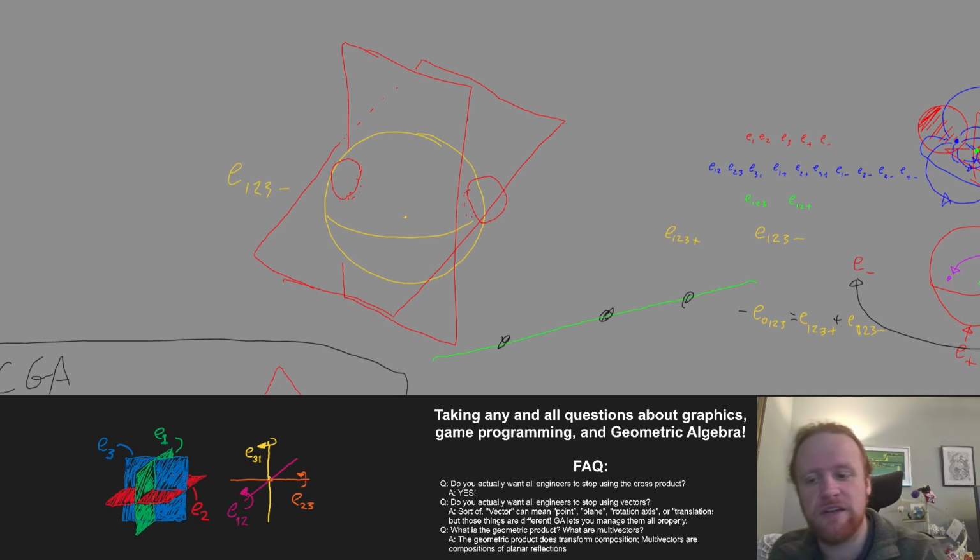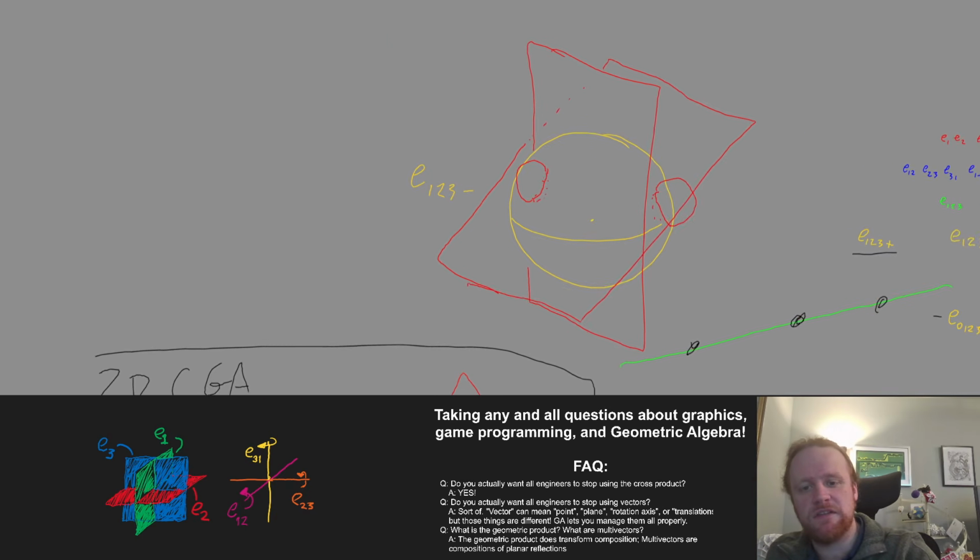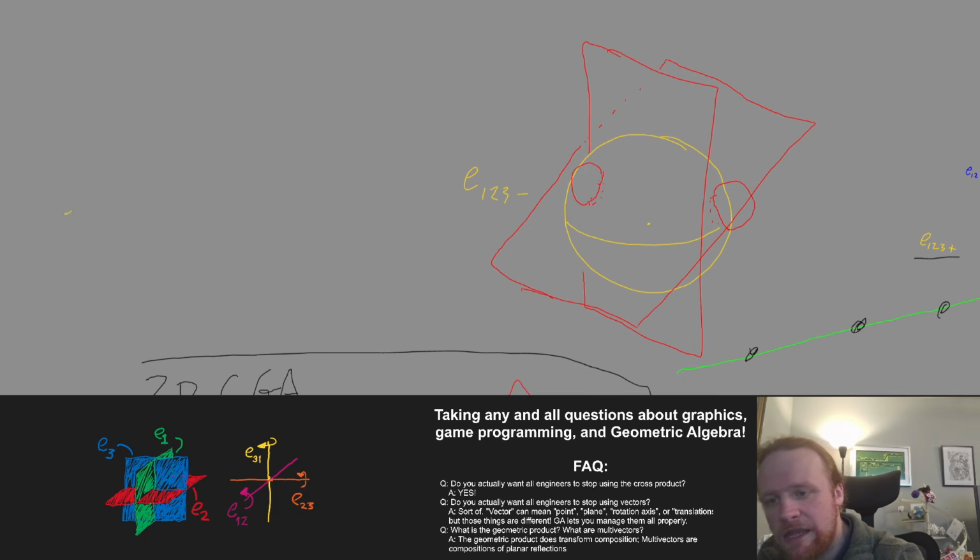I haven't said really how to visualize this guy, but I'm going to point out that suppose I were to consider the following: E123 minus plus alpha, where alpha is just some scalar, E123 plus.